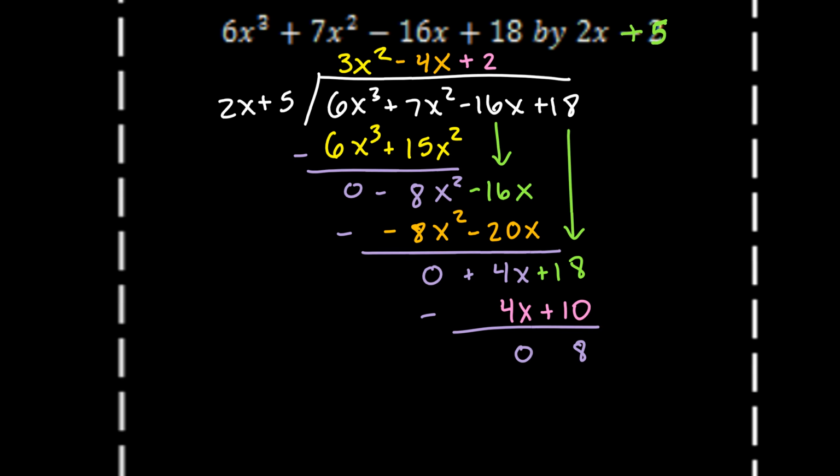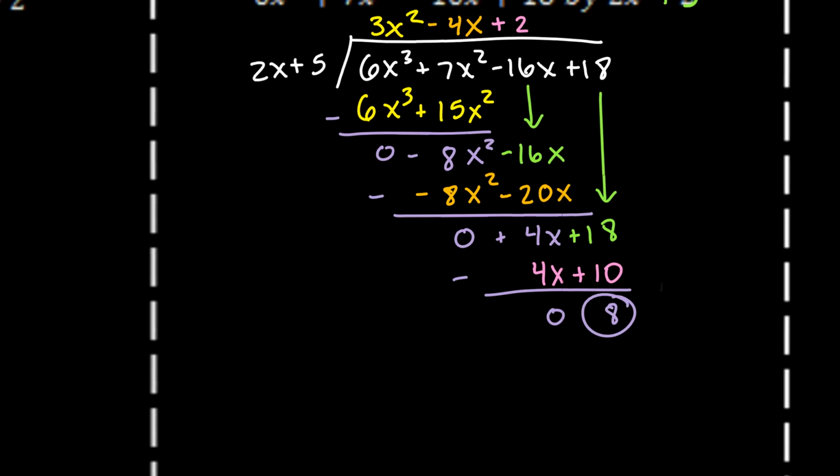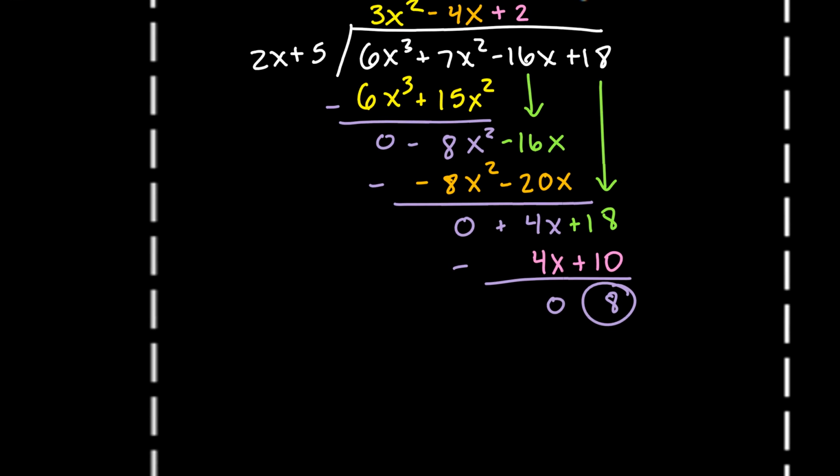So what do we have this time? A remainder. Now I know that when you were doing long division for whole numbers, you probably did a little r or a capital R or something. When we're dividing polynomials, this is how you write it.